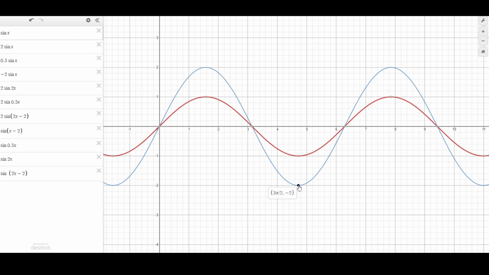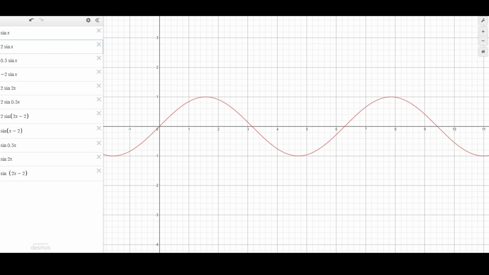Okay, so that is the effect of multiplying a real number by sine x. So what if we multiply 0.5? Let's see what will happen. As you can see, it decreased the amplitude. Okay, so that's it for the amplitude modification. What if we multiply it by -2?